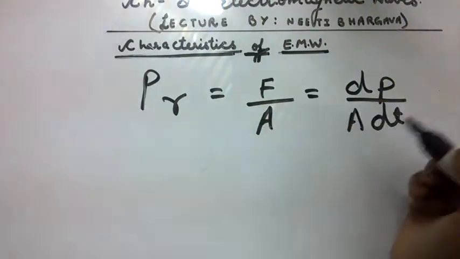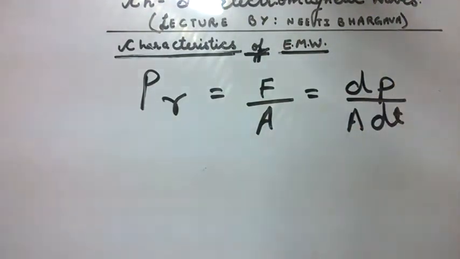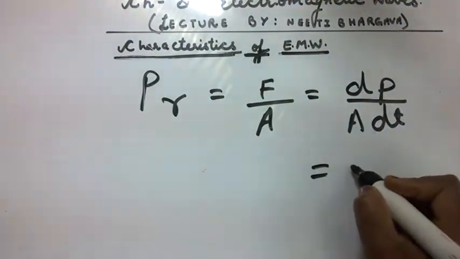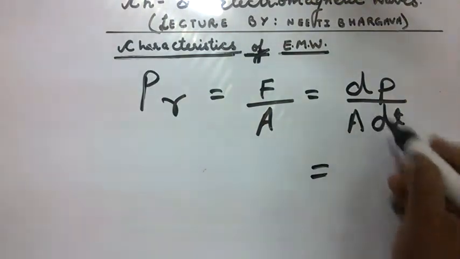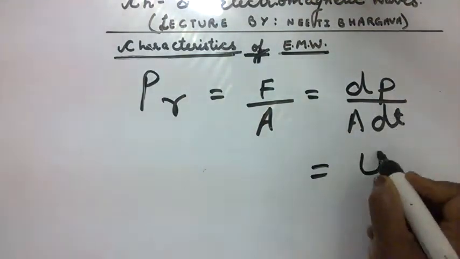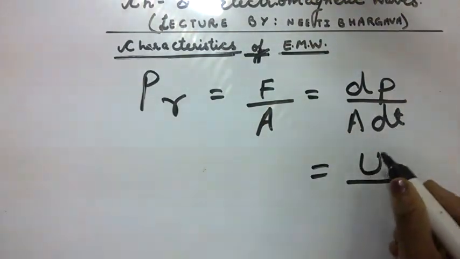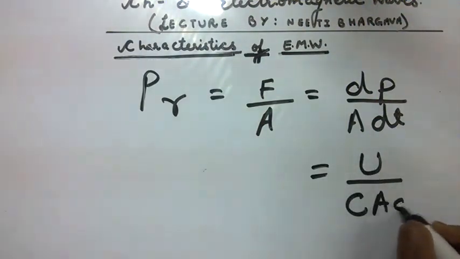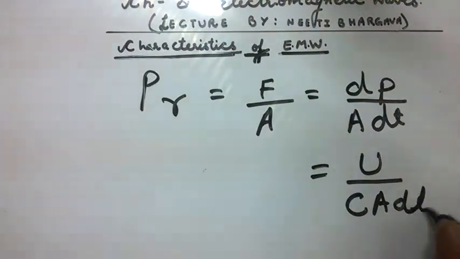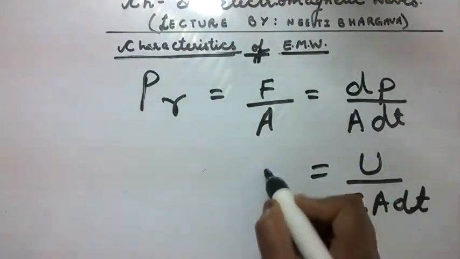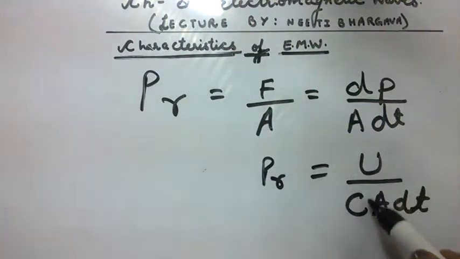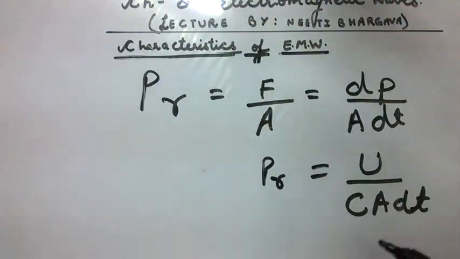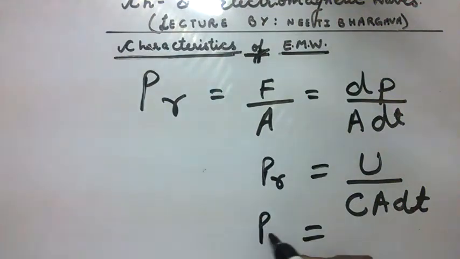And we know that momentum of an electromagnetic wave is given as u by c, that is we can write dp is equal to u by c, dt remains as it is. And we have studied that u upon A into dt is equal to the intensity of a wave. Therefore, radiation pressure is also equal to I by C.